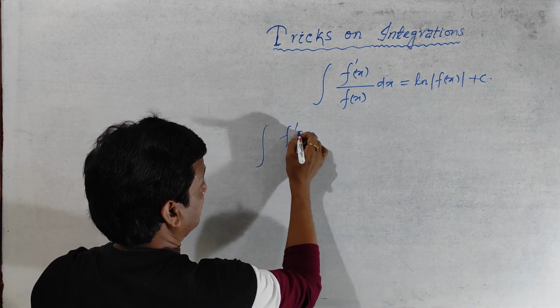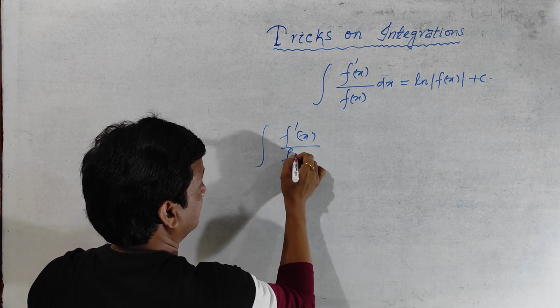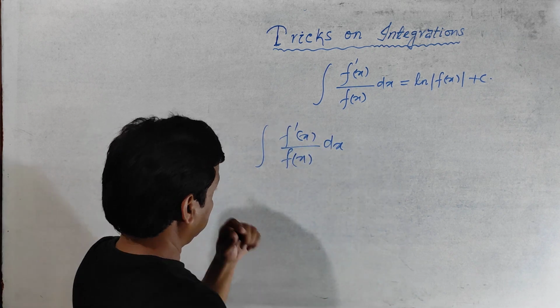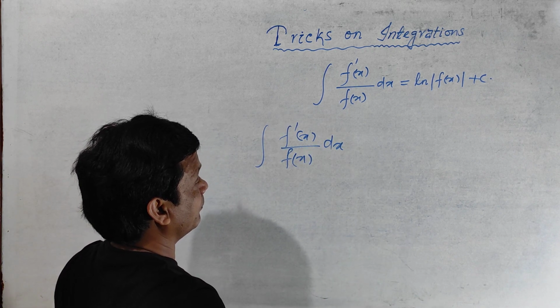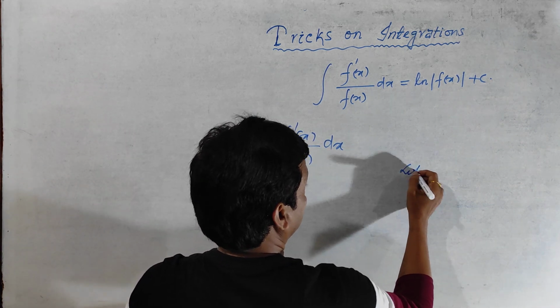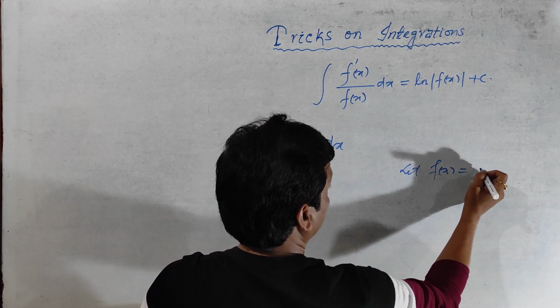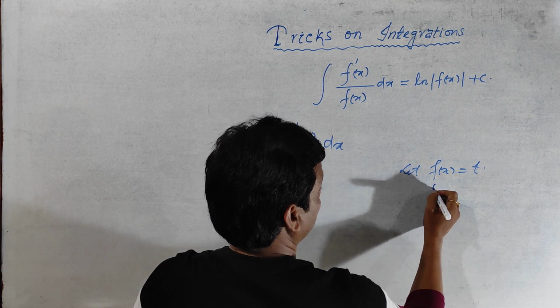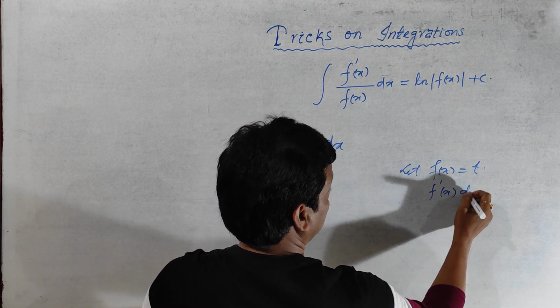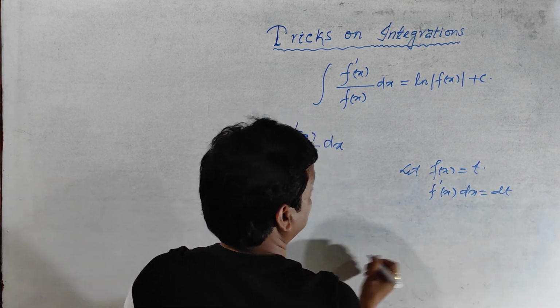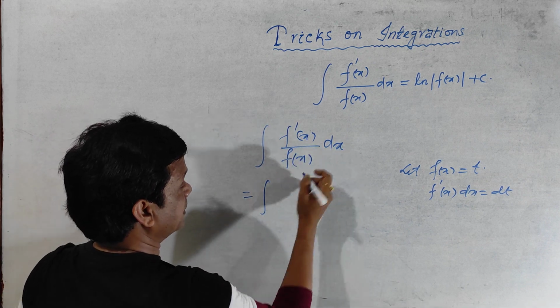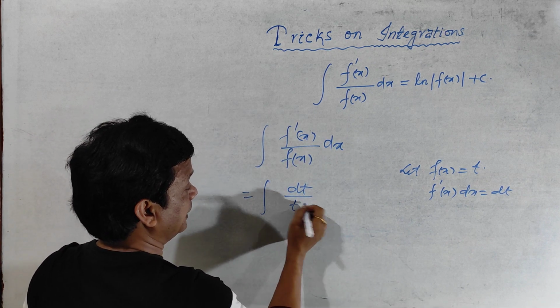integration f dash x divided by f of x into dx. Let f of x is equal to t. So f dash x into dx is equal to dt. So it is dt by t.